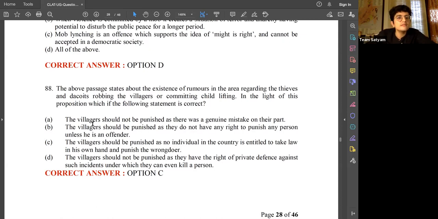Now, whether the villagers should be punished or not. Again, over here, you are being required to exercise a level of judgment without being given any sort of legal provision. So when do you make a judgment? You make a judgment when you can apply a certain set of principles to a factual situation. Over here, you are given the factual situation, but there are no principles given to you.